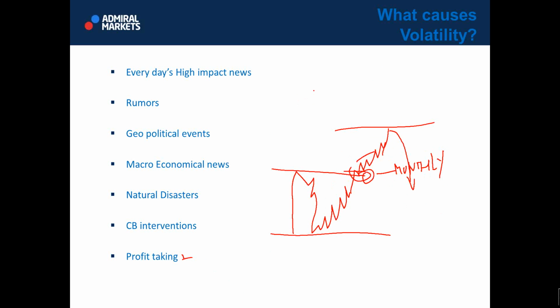Each close of a buy is automatic sell into the market. So when buy orders are closed, that means that your platform did an automatic sell into the market. So profit taking will lead to retracement. And that is what we saw with dollar yen.